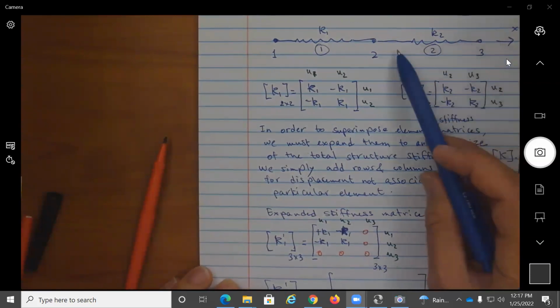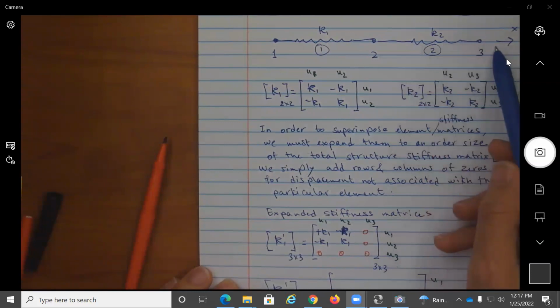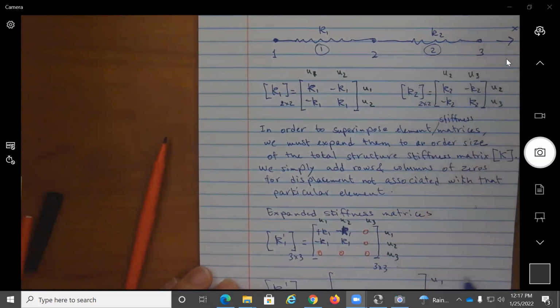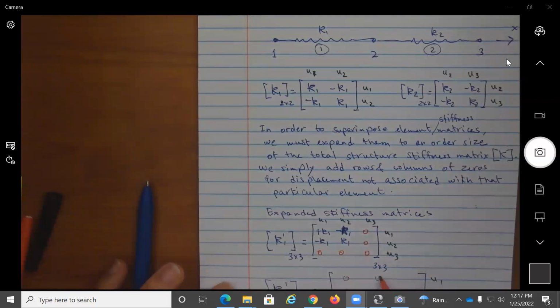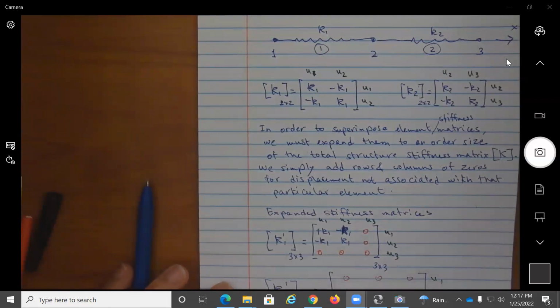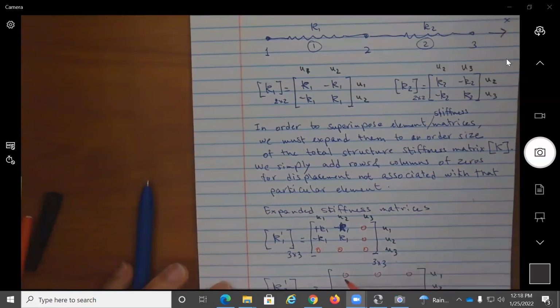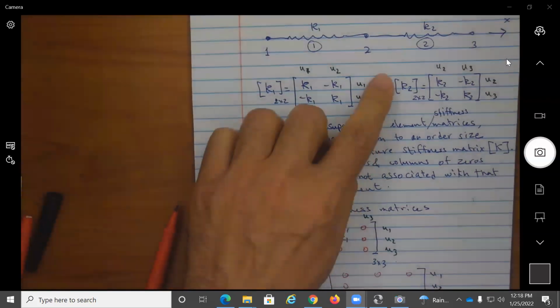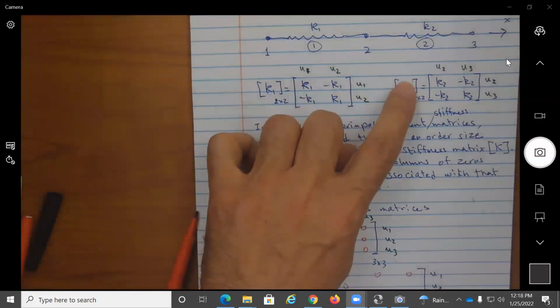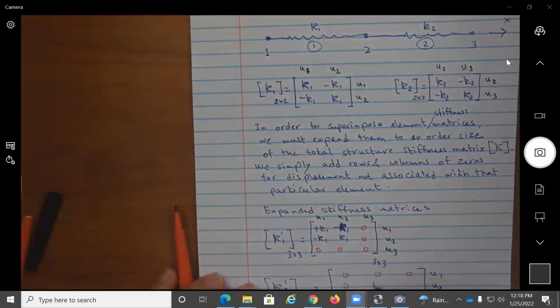And element 2 extends between node 2 and node 3. So clearly, the first degree of freedom is not associated with element 2. So I'm going to put zeros on the first row corresponding to U1, and zeros on the first column corresponding to degree 1. Then I'm going to fill in using the elements from the stiffness matrix of element 2. So I'm going to have K2, minus K2, minus K2 and K2.